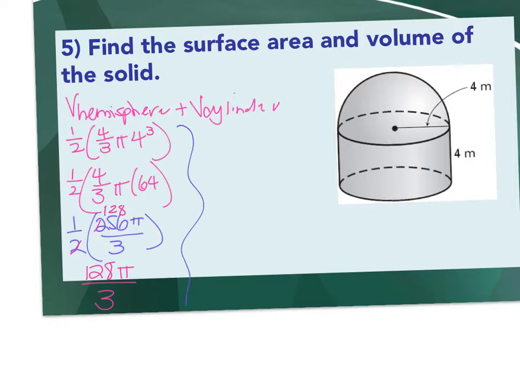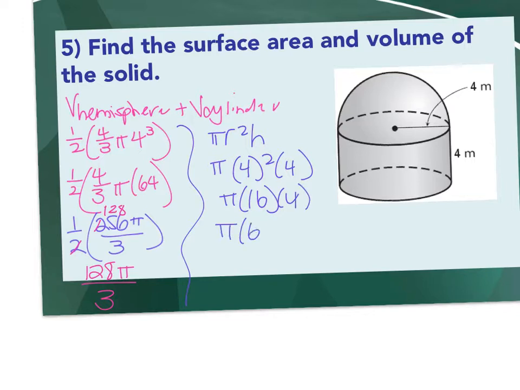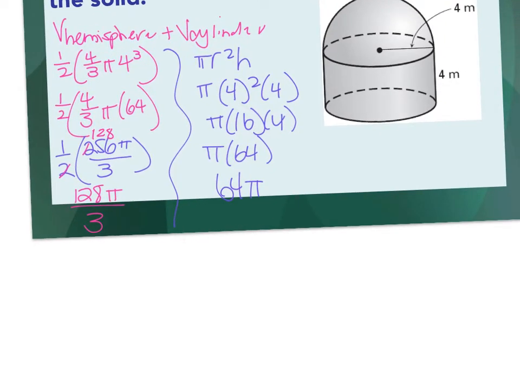Then the volume of the cylinder. How do I find the volume of the cylinder? Good, pi r squared times height. Remember, it's just like a prism, which would be the base area times the height, except the base is a circle. So this would be pi 4 squared times 4, pi 16 times 4, pi times 64. To find the volume of the entire shape, I'm going to add these two together. They both have a pi, so I can take this a step further.